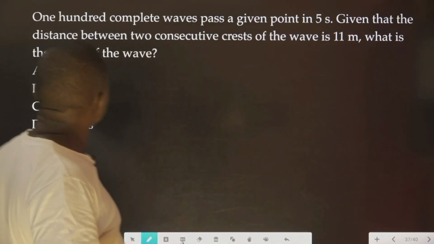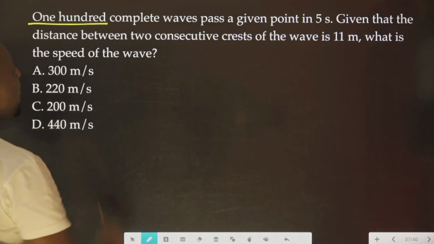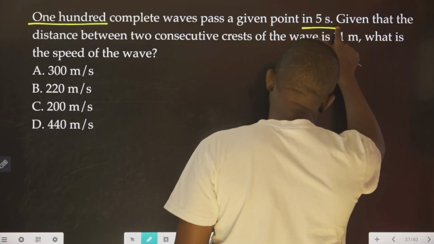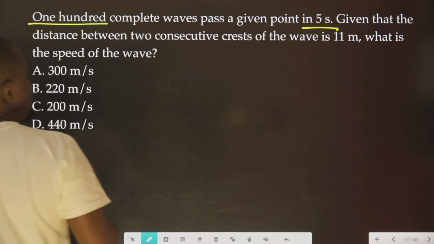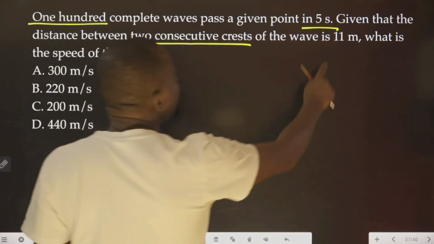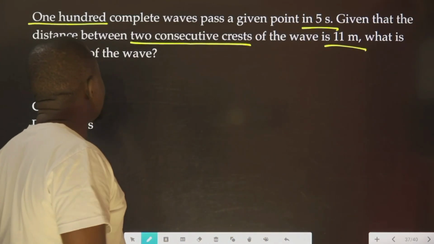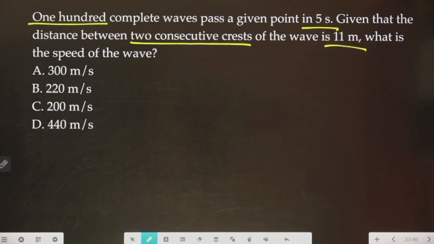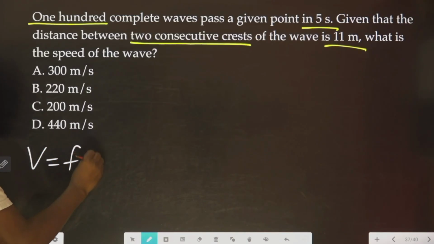Let's look at this. It says what? 100 complete waves pass a given point in 5 seconds. Given that the distance between 2 consecutive crests of the wave is 11 meters, what is the speed of the wave? The speed of the wave. To get the speed of the wave, you agree with me, is always like this.